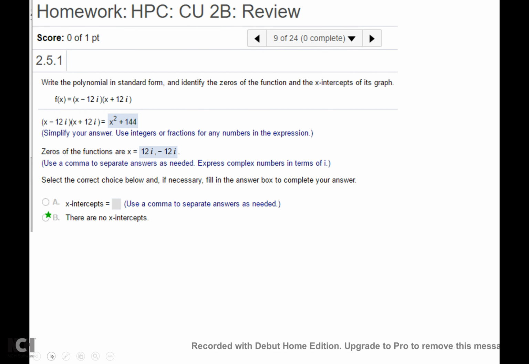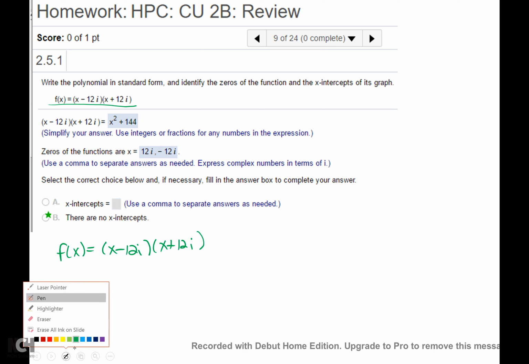Okay, this one says write the polynomial in standard form and identify the zeros of the function and the x-intercepts of its graph. Okay, I'm going to do this a little backward. I'm going to start finding the zeros first, because that makes the most sense when you're looking at factors. So I have this function, x minus 12i times x plus 12i.